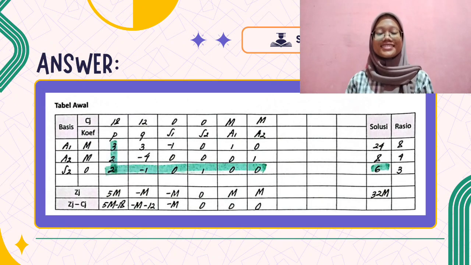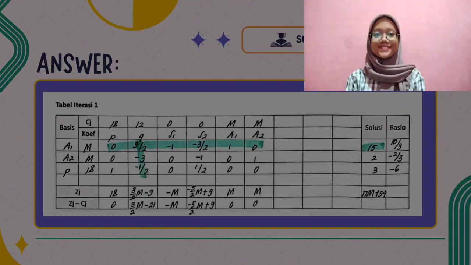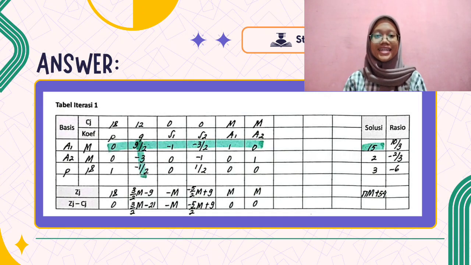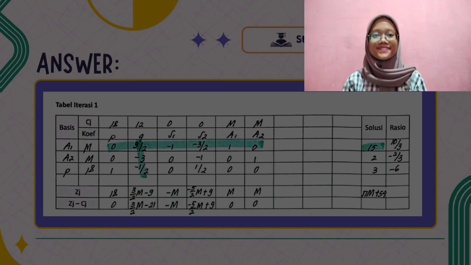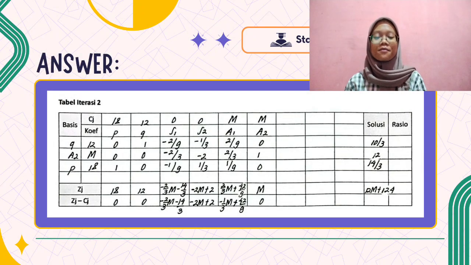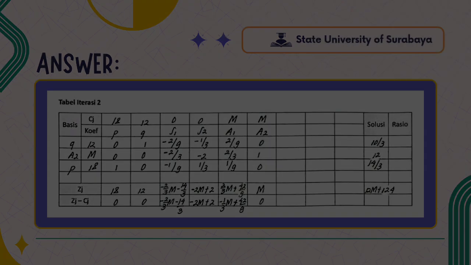Now first we determine the initial simplex table, and then determine iteration 1, and the last, iteration 2.